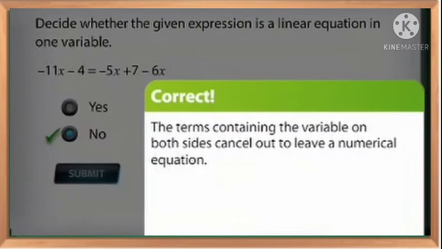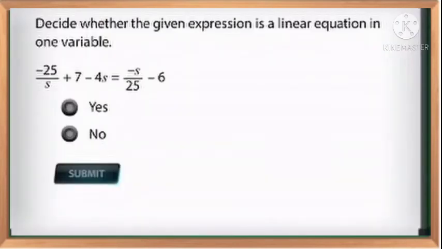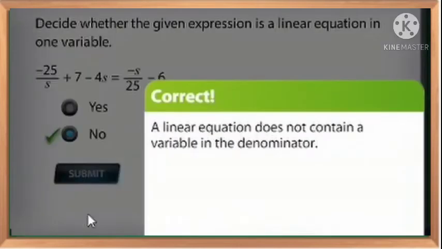Well done! The terms containing the variable on both sides cancel out to leave a numerical equation. Well done! A linear equation does not contain a variable in the denominator.